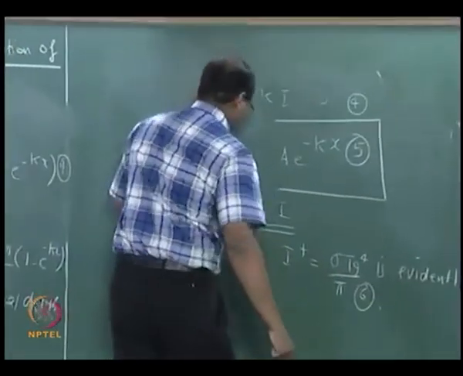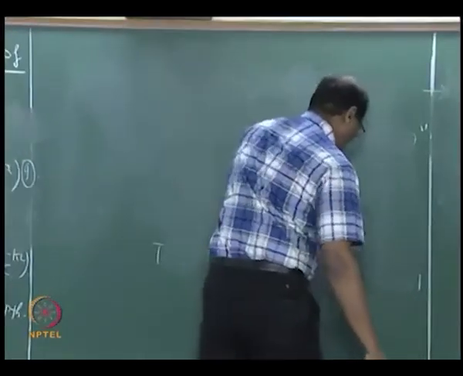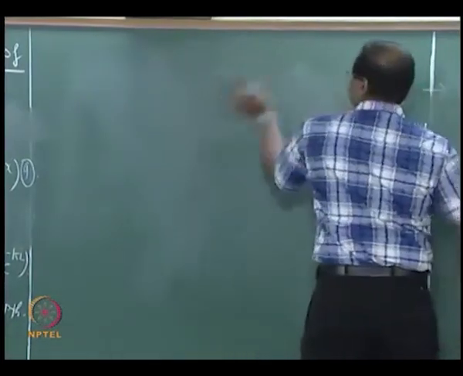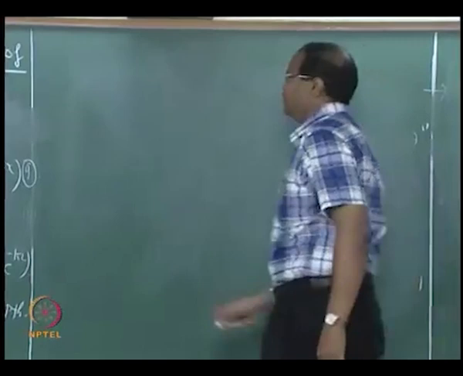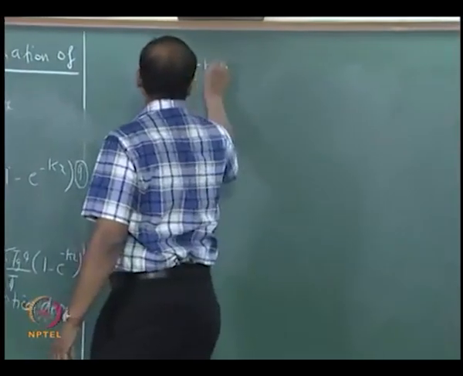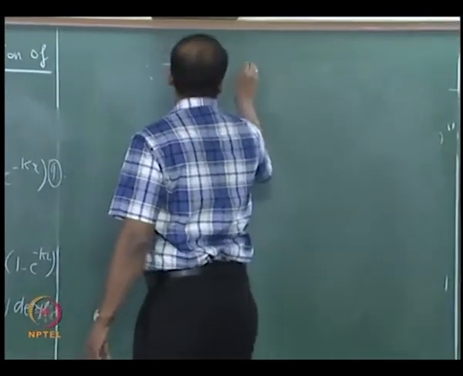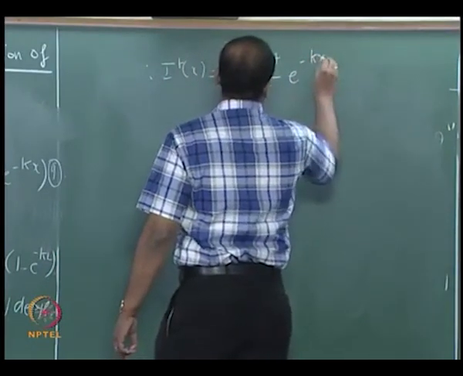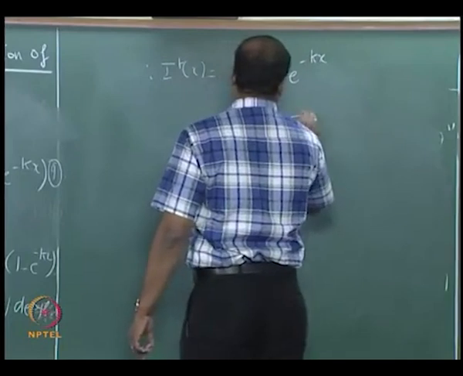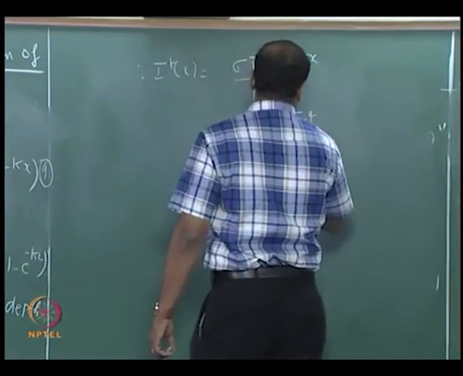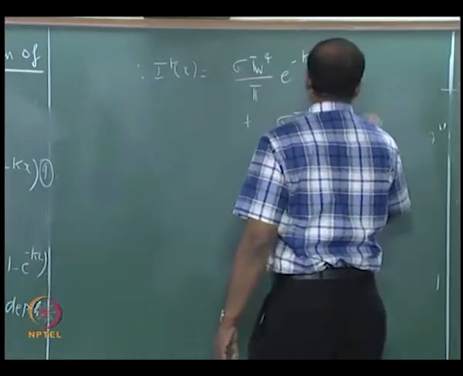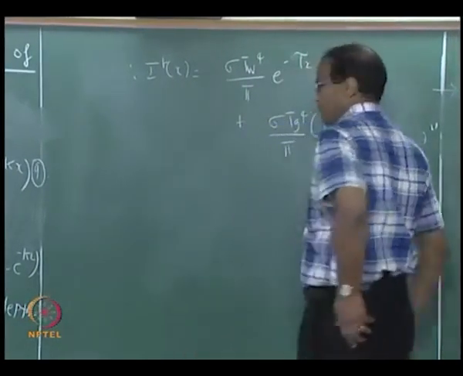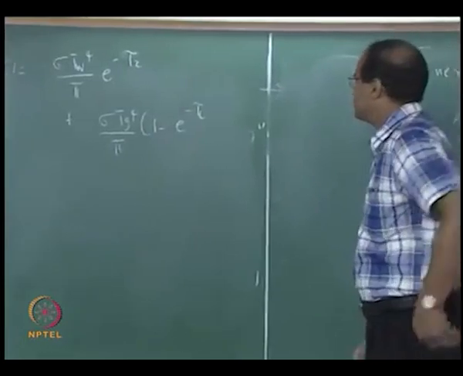Now, so therefore in general it is tau subscript L, so this is tau x.